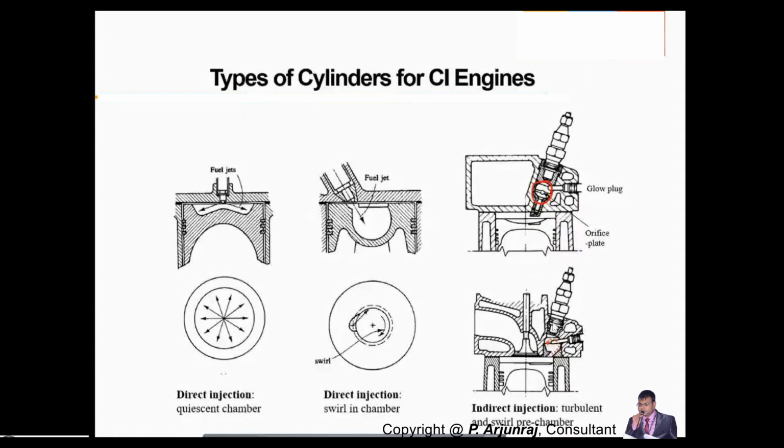This is the pre-chamber, where the spark or the ignition will happen, and you get the initial level of combustion at this stage. Again, the second level of combustion will happen in the main chamber. But this is indirect injection, and it's not as effective as direct injection.